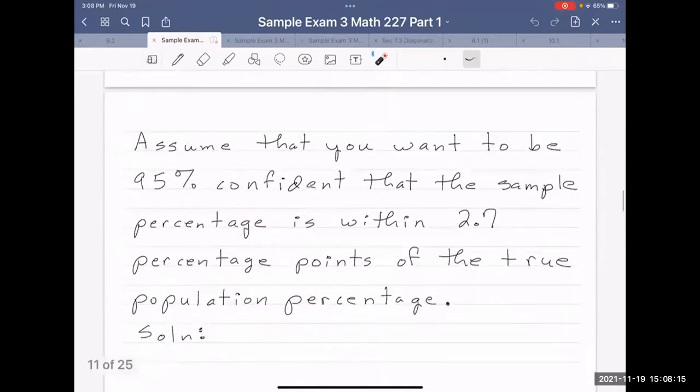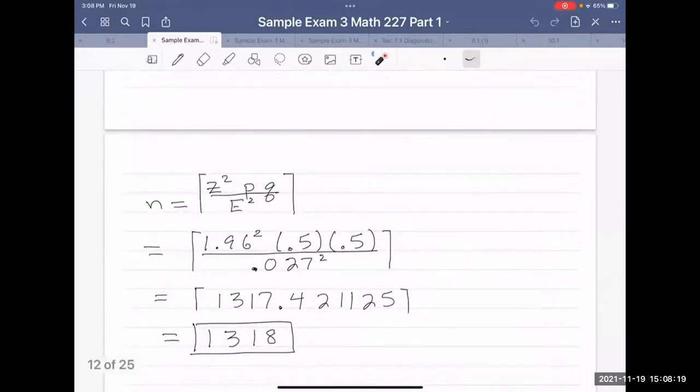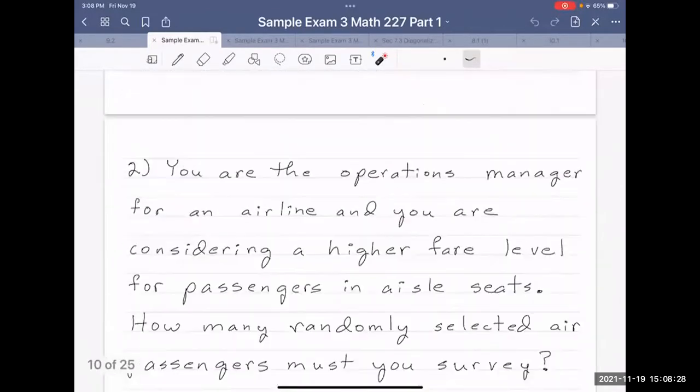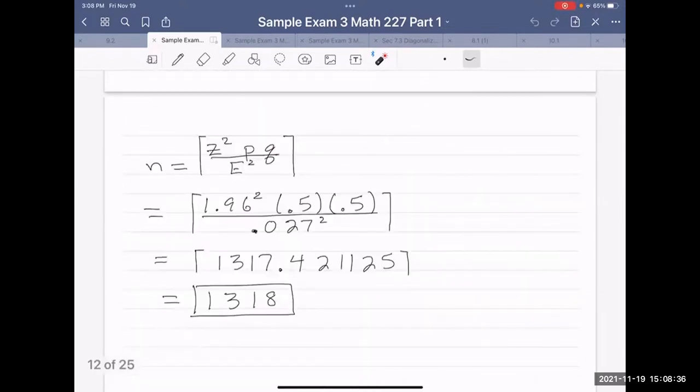E is 2.7%, so 0.027. P and Q, I don't have any estimates for p and q. In this problem, they give us no estimates for p or q. Therefore, since we do not have any estimate of p or q, we use the largest maximum, which is 0.5.